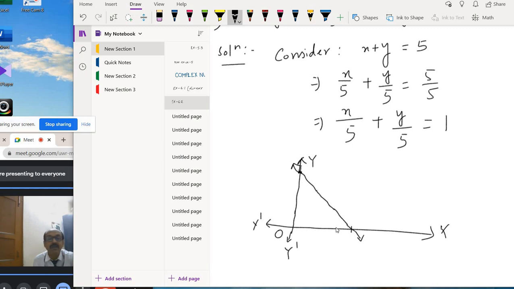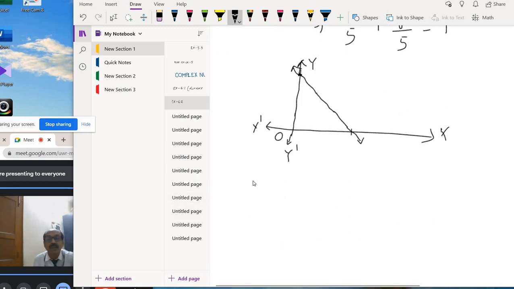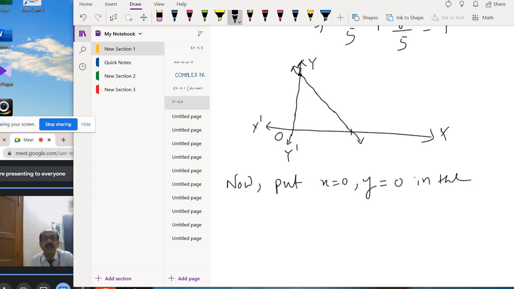Okay. Now putting x equal to 0, y equal to 0 in the given inequalities.